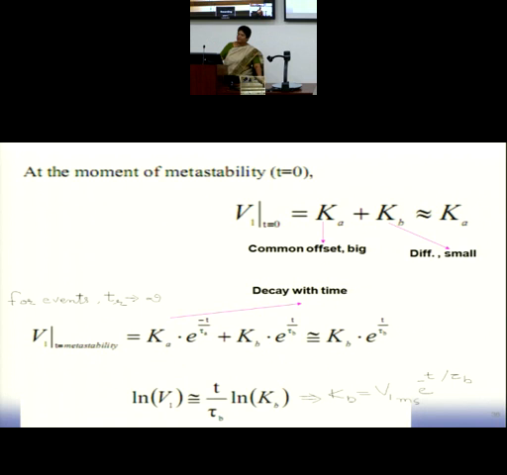For a metastable event, this equation is going to play a major role. From it, can you see that the voltage you will be getting is a value where Kb is a parameter slowly decaying with time, or the voltage is slowly, exponentially rising with time.